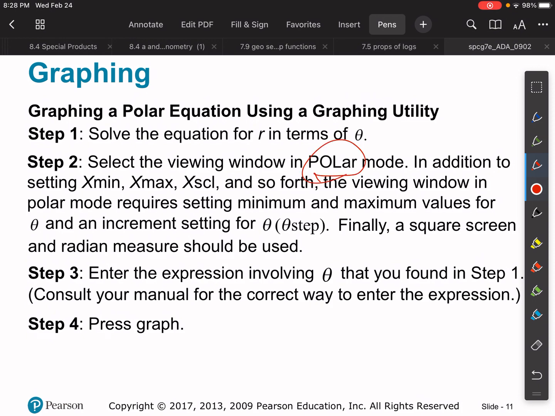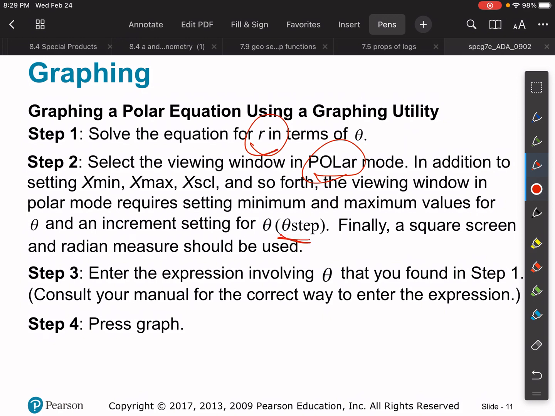And then you have to set your X min, max, and X scale so that what you're viewing is within the parameters of the graph. And make sure that you're putting this in terms of r and theta. So you're going to solve for r, and you're going to have a theta in there as well.